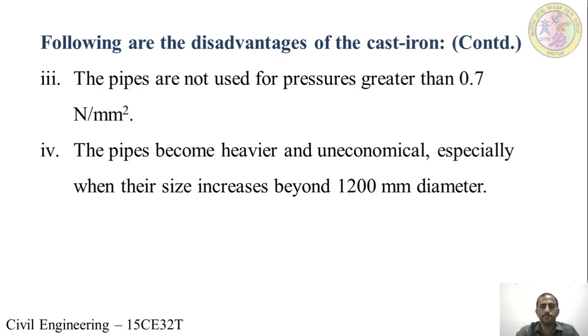Cast iron pipes are not suitable for pressure greater than 0.7 Newton per mm square. Once the pipe of size increases beyond 1200 mm, they become heavier and uneconomical to use.